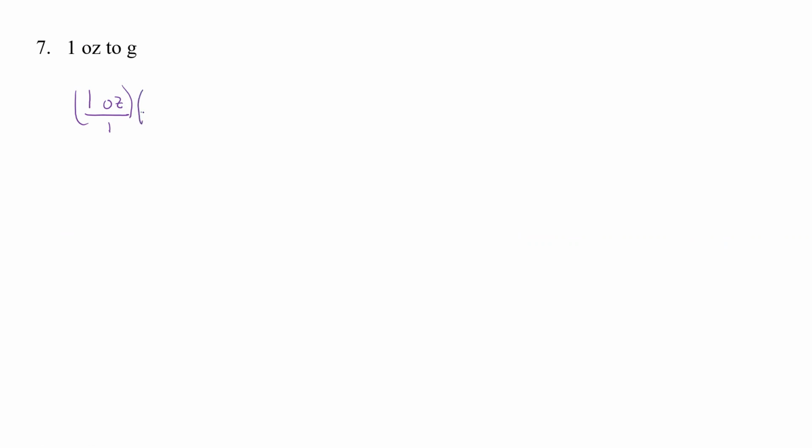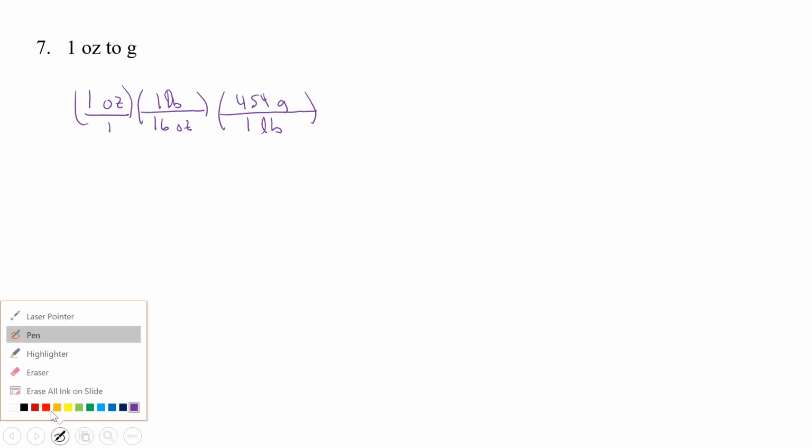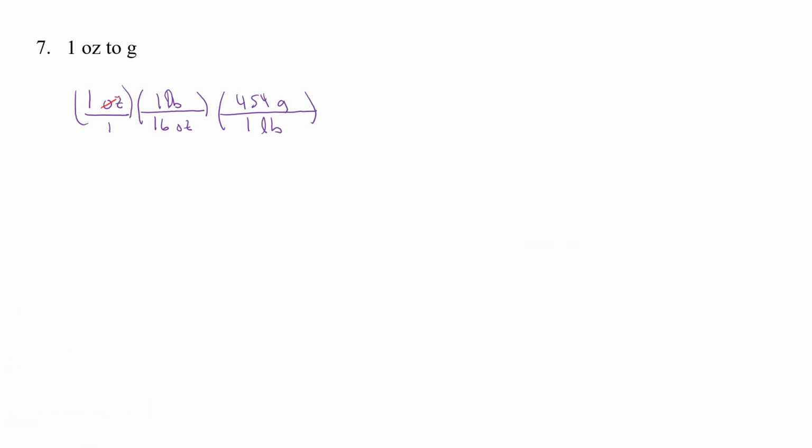So I have 16 ounces is 1 pound, and then 1 pound is 454 grams. Now I should have all of my conversions. I've gone from ounces to pounds to grams, and that's where I need to be.